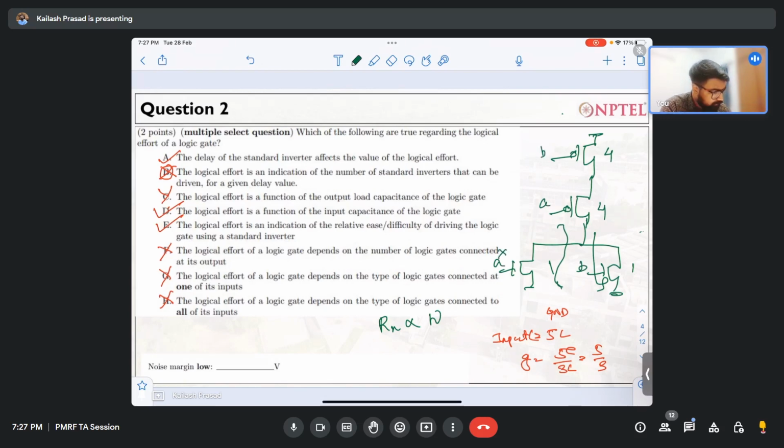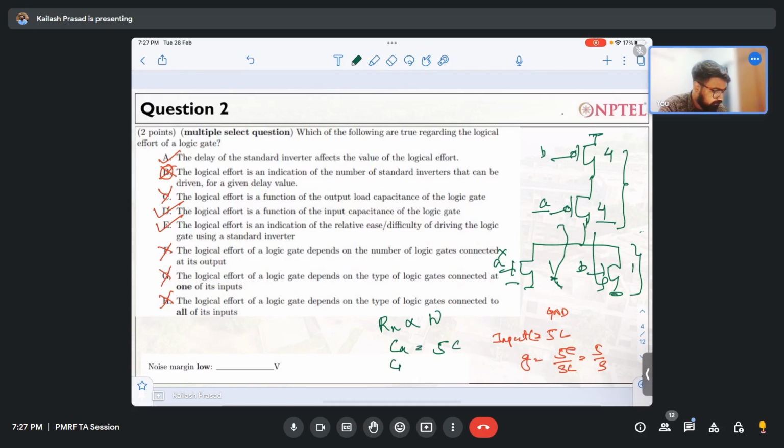So the resistance of this particular path should be the same. That is the reason why we do not make it 1 by 2 or 2; you make it 1 only. So now, A has how much input capacitance? 4 of this, 1 of this, so 5. Similarly, this will be C of A, 5C.